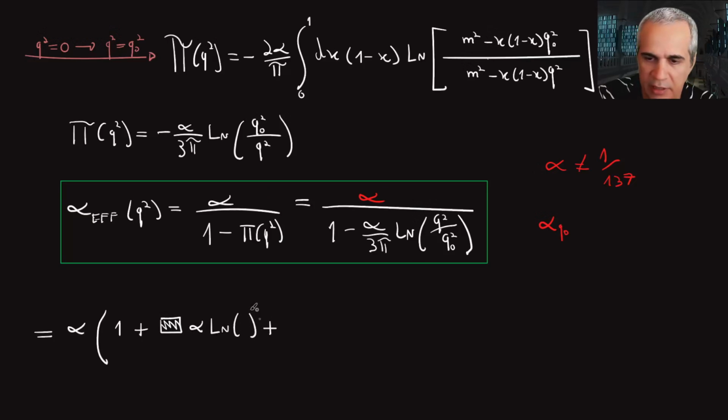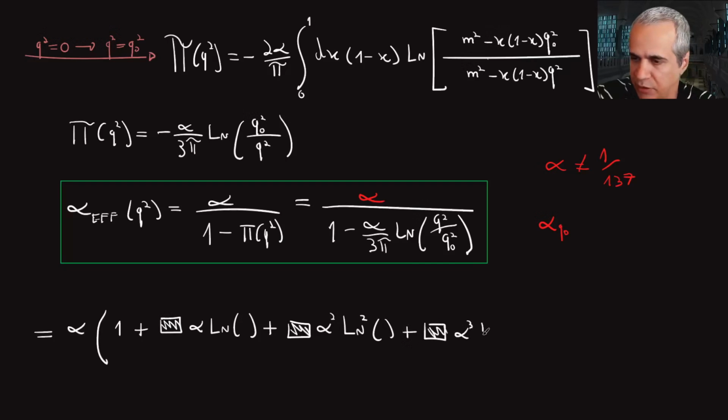Then the next term will be alpha square log square, plus then something else like alpha cube log cube, and so on. And that whole series comes from the sum of one loop diagrams here, because pi is the whole sum of 1PI diagrams, but I only calculated pi at one loop to get this expression.